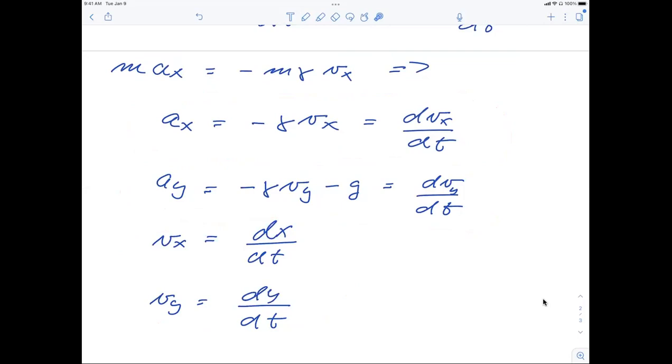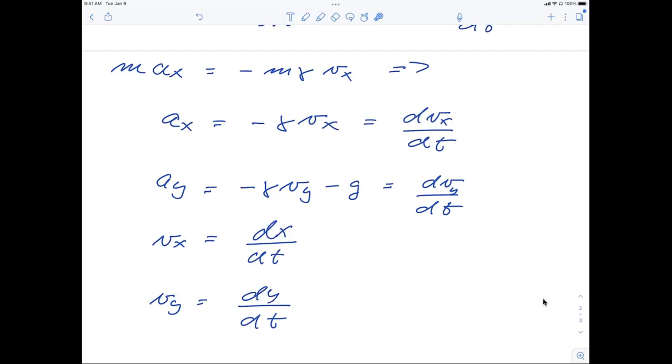Yeah? They are separated. Excellent. So in the equations for x, there is no y dependence. In the equations for y, there is no x dependence. That hints normally to the fact that we can actually solve these equations analytically.